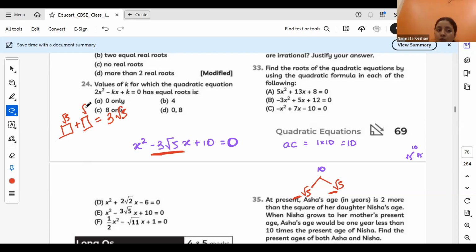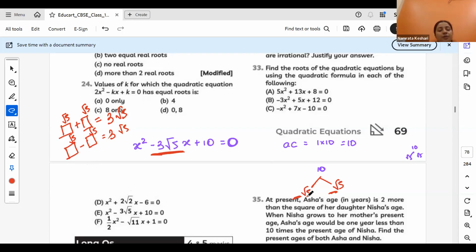The second number will also contain something root 5, then only the answer will contain root 5. Or if you want the subtraction of two numbers to be 3 root 5, then the first number must contain root 5 and the second number must contain root 5. It can be 6 root 5, it can be 7 root 5, whatever is in front, but root 5 will be there. So here we want 3 root 5.